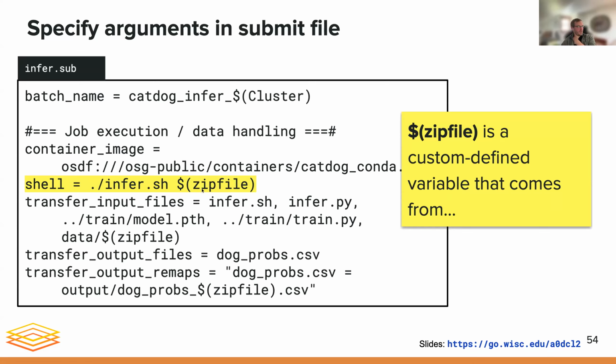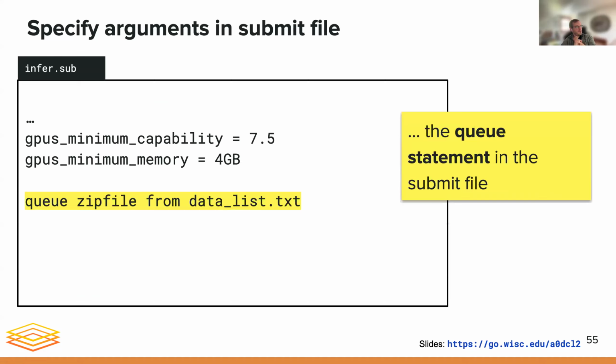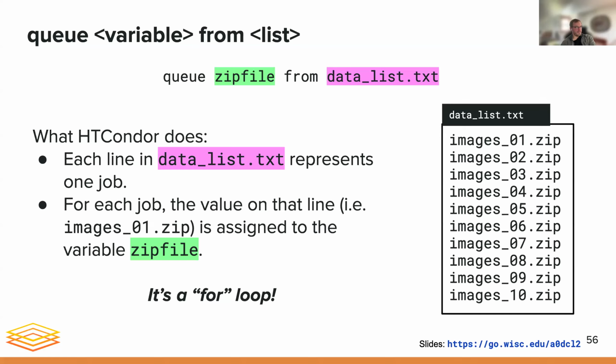When we do $zip file, we're telling Condor this is a custom defined variable that we're going to define from this final statement, this Q zip file from datalist.txt. This line says I will be creating a file called datalist.txt that contains a list, one per line, of a bunch of variables. And for each line, I want to use that line as my zip file argument.